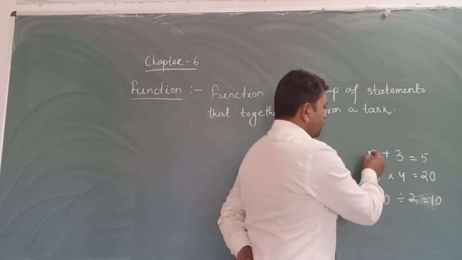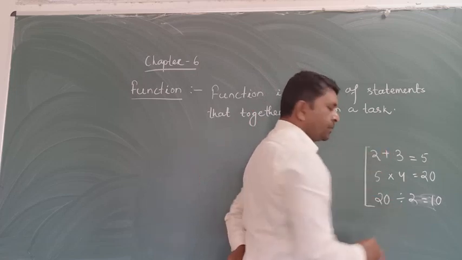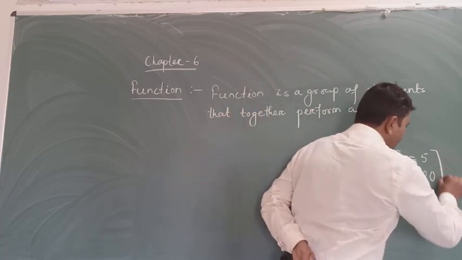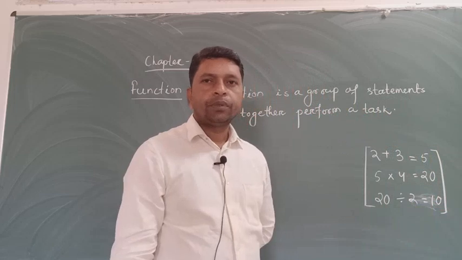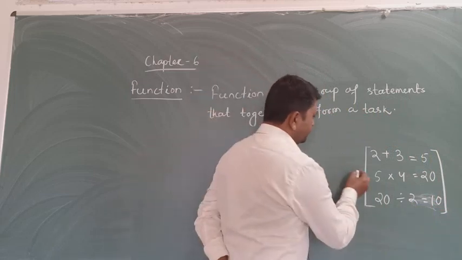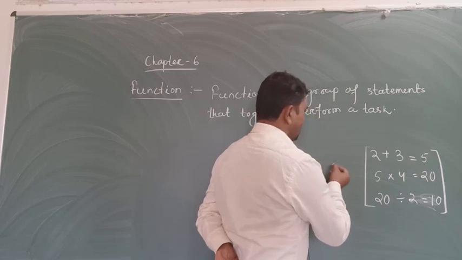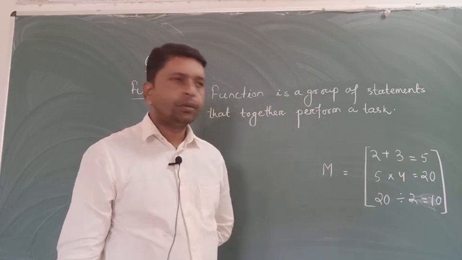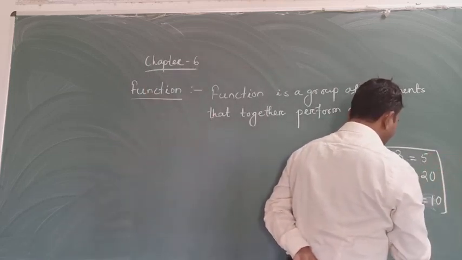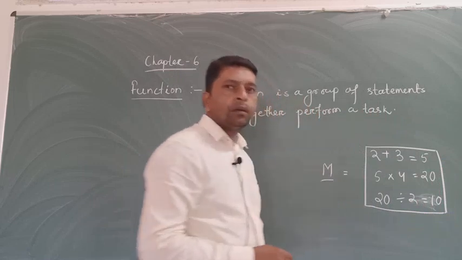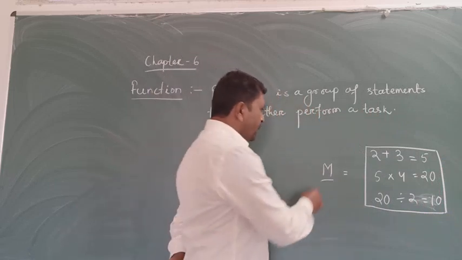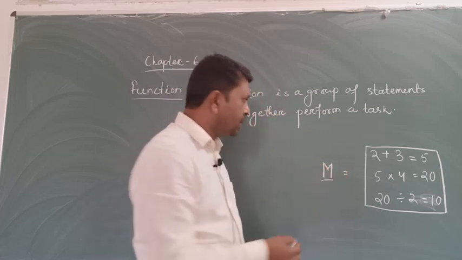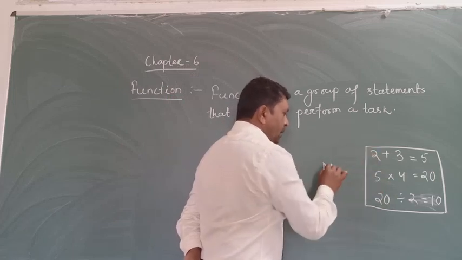We have to do this step by step, one by one, but I put it into a box and named it with any name, M. So when I am calling M, I am just giving the name. The name is M.